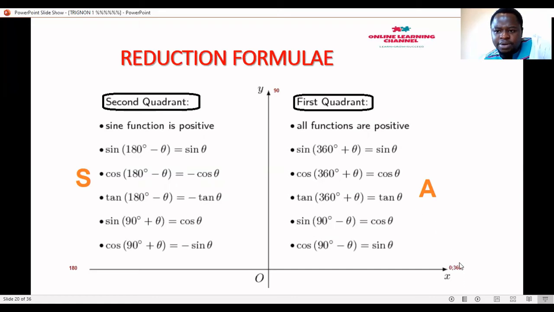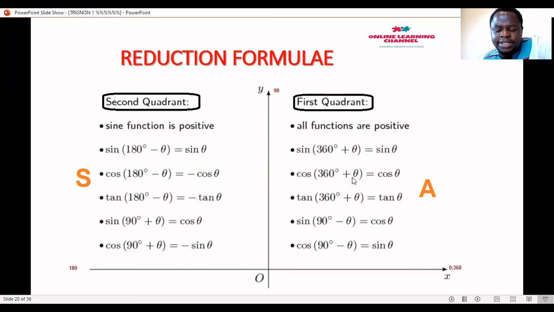We're going anti-clockwise. Sine of 360 plus theta will be sine theta. Reason being that 360 plus theta is in the first quadrant. Is sine positive there? Yes, it's plus. Is it a cofunction? No. So you write sine theta, it does not change.